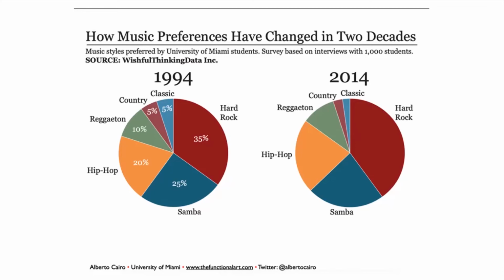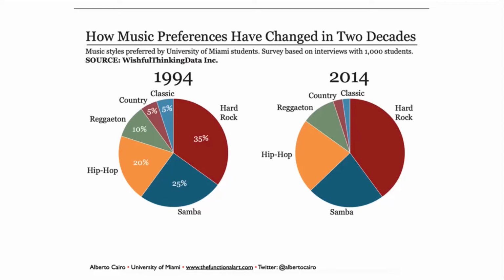But if we look at 2014, although we can see the shape of the proportions of the different styles preferred, what you'll notice is that with the 2014 pie, we've removed the percentage numbers, so you have to judge from just the visual. We can see the rough shape, but the whole point of this graphic, we see in the title, is to show how music preferences have changed.